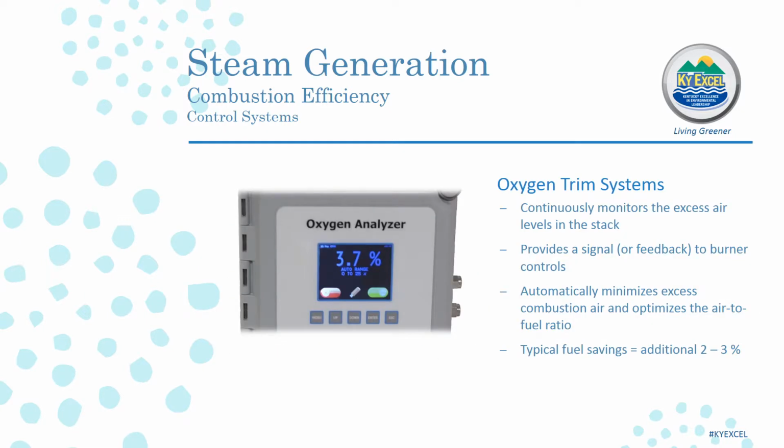Oxygen trim systems continuously monitor the excess air levels in the stack and provide a signal to the burner controls, thereby automatically optimizing the air-to-fuel ratio, which typically results in an additional 2 to 3% fuel savings.